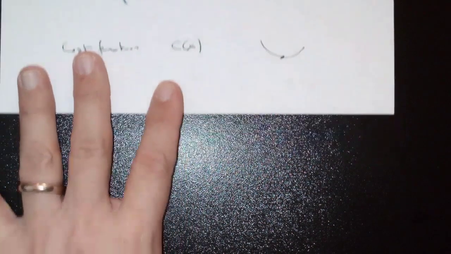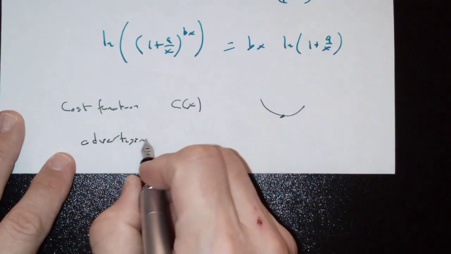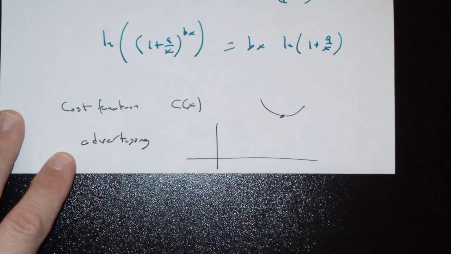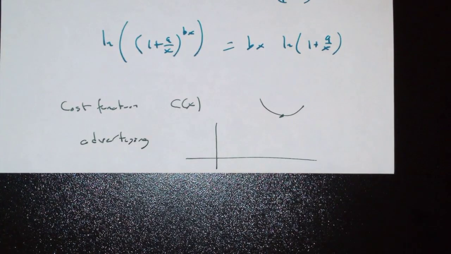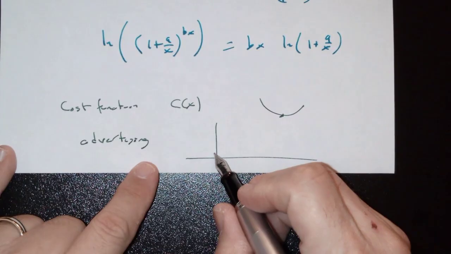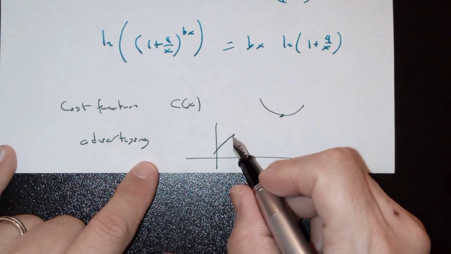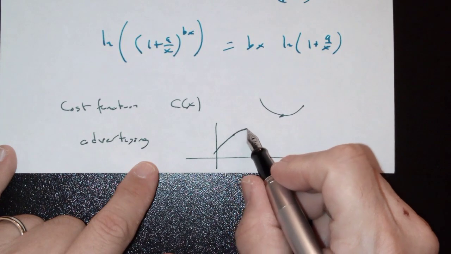Maybe I'm going to spend money on advertising. Most advertising returns, when you start advertising, you get a pretty big return. And then everybody's seen your ad. And after a while, they get tired of your ad.